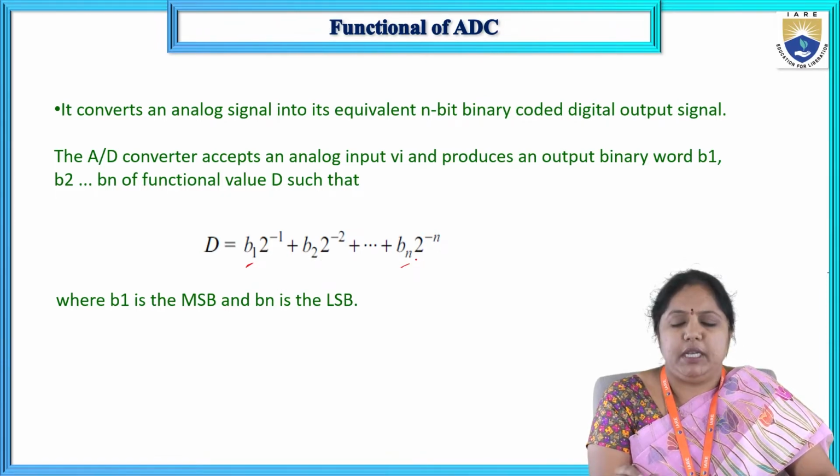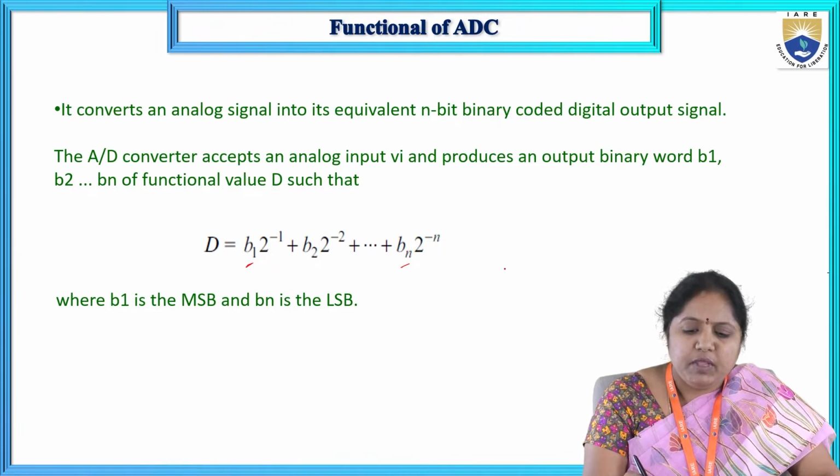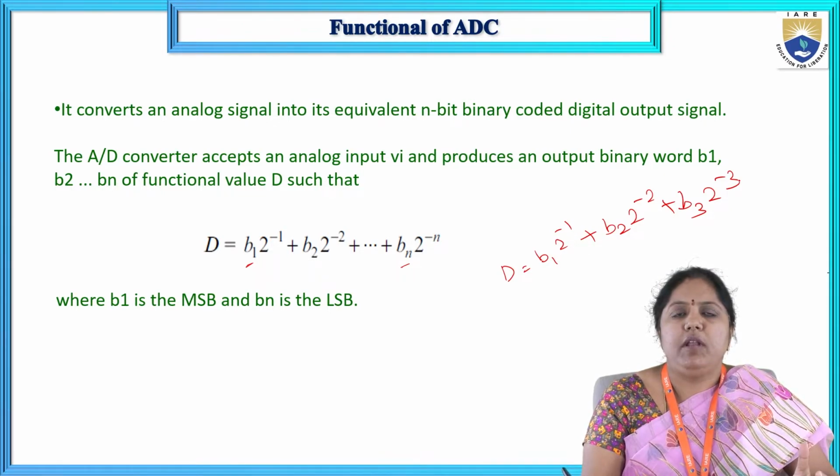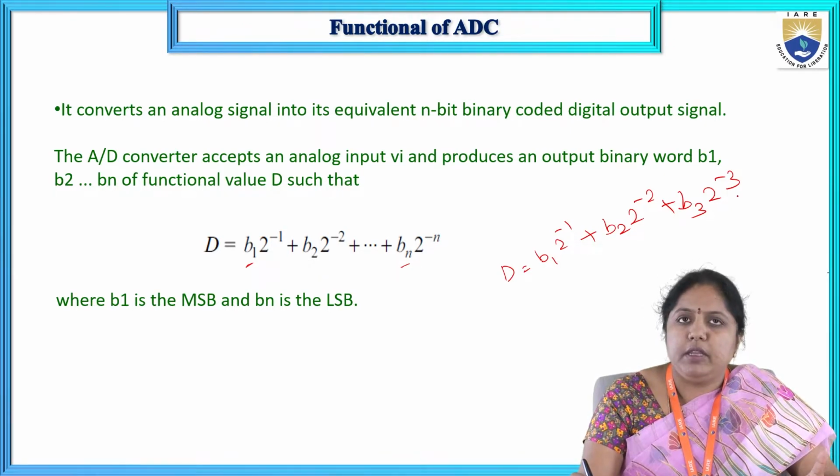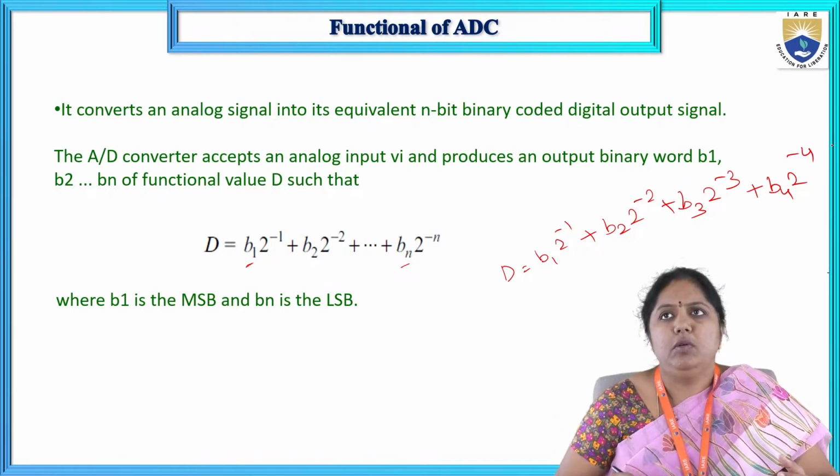Suppose it is a 3-bit converter. Then D equals B1 into 2 power minus 1 plus B2 into 2 power minus 2 plus B3 into 2 power minus 3. If it is a 4-bit, then in addition to B3 into 2 power minus 3, B4 into 2 power minus 4 also comes into consideration.